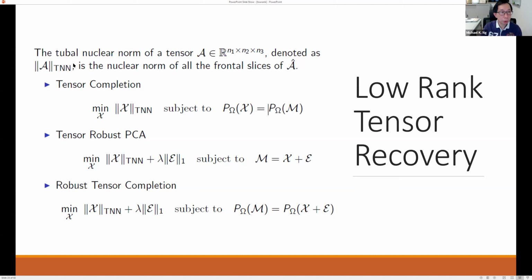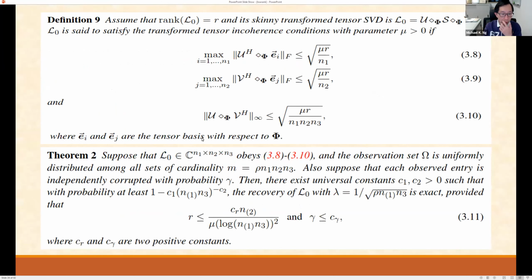So basically, you consider the tubal nuclear norm. This is just the nuclear norm of all the frontal slices of the transformed tensor, and then L0 is replaced by L1. This is a relaxation for solving the problem. And mathematically, we want to see under what kind of condition we can recover this tensor exactly.